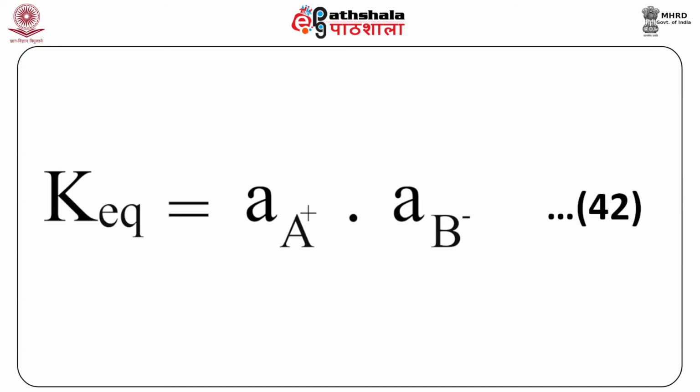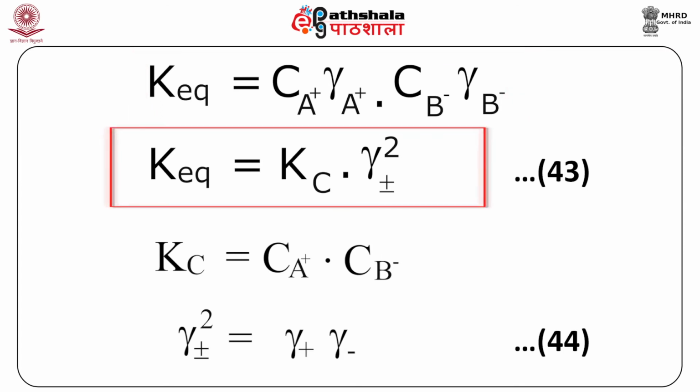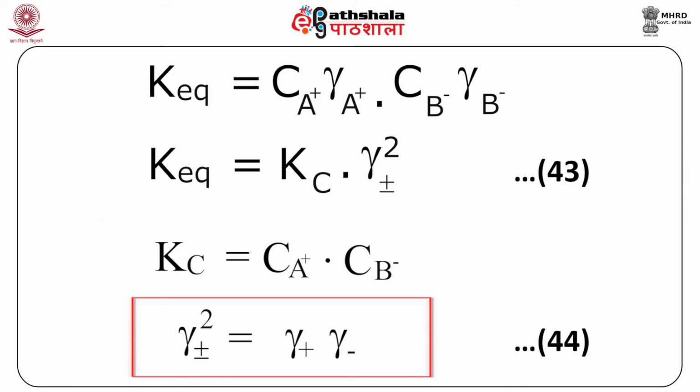The activity of the ions can be expressed in terms of their concentration and activity coefficients. That is, K equilibrium equals C of A plus into gamma A plus into C of B minus into gamma B minus, or K equilibrium equals Kc times gamma plus-minus squared, as our equation 43, where Kc equals C of A plus into C of B minus, and gamma plus-minus squared is gamma plus into gamma minus, as our equation 44.